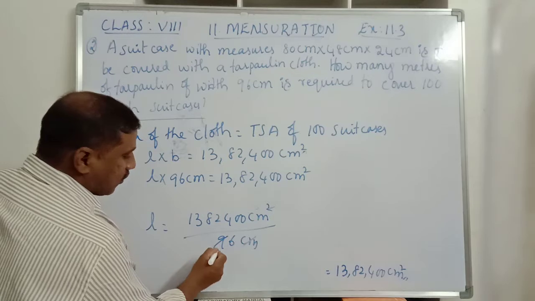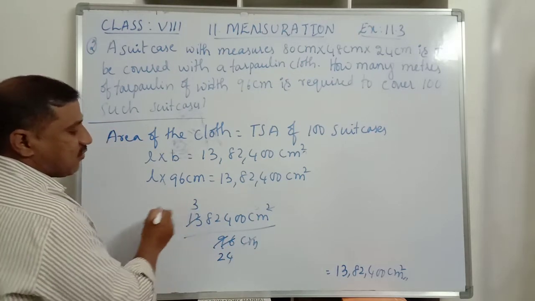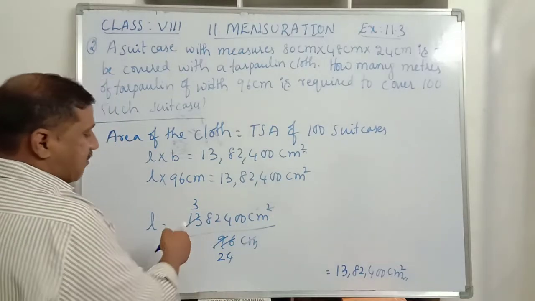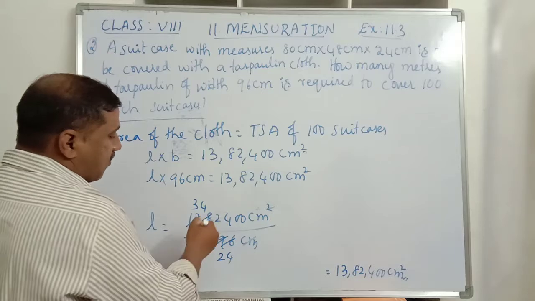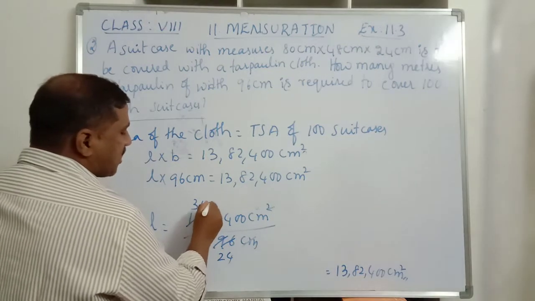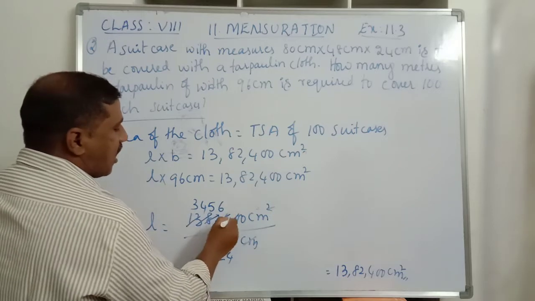Now 4 2s are 8, 4 4s are 16, 4 3s are 12, 13 minus 12 is 1, and bring down 8, 18. 4 4s are 16, 18 minus 16 is 2, bring down 2, 22. 4 5s are 20, 2 with 4 is 24, 4 6s are 24, and 0.